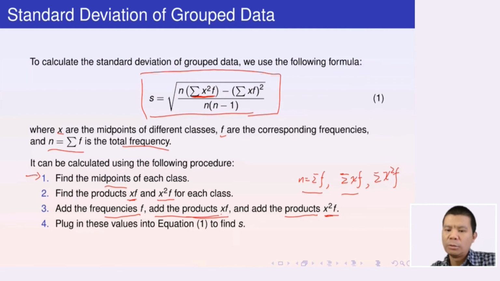You got all these 3 summations. After that, simply plug into the formula for the standard deviation of grouped data. Now let's show how to use these steps to find it.